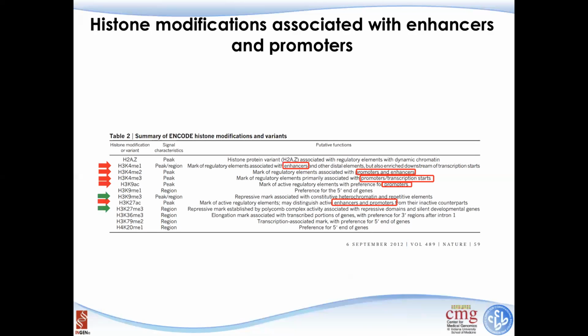For example, H3K27 acetylation is an active regulator, which may distinguish active enhancers and promoters from their inactive counterparts. Also, H3K4 monomethylation and H3K4 dimethylation are marks of enhancers or promoters. And as I mentioned, H3K4 trimethylation and H3K9 acetylation are also related.